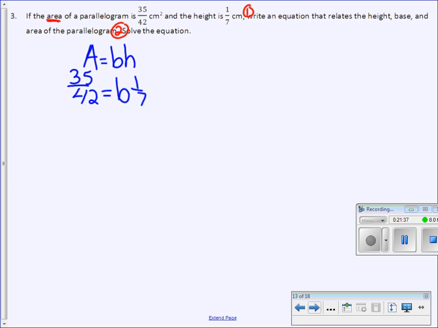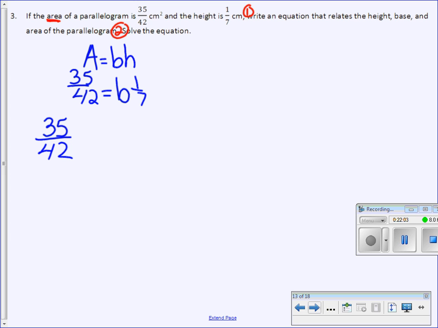I have to use the inverse operation. So right now, B is being multiplied. So I have to do the opposite, which is division.